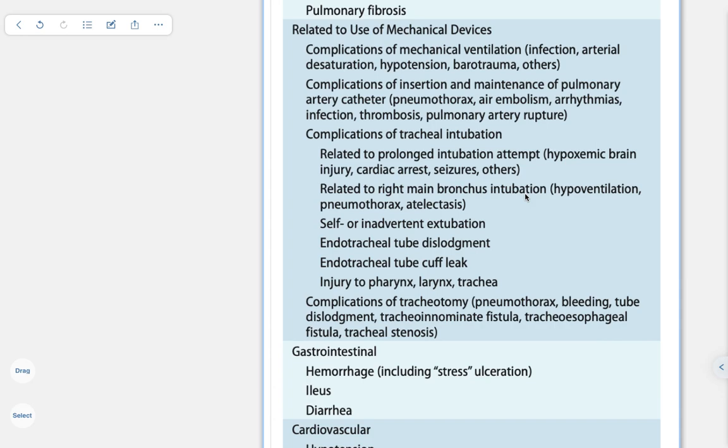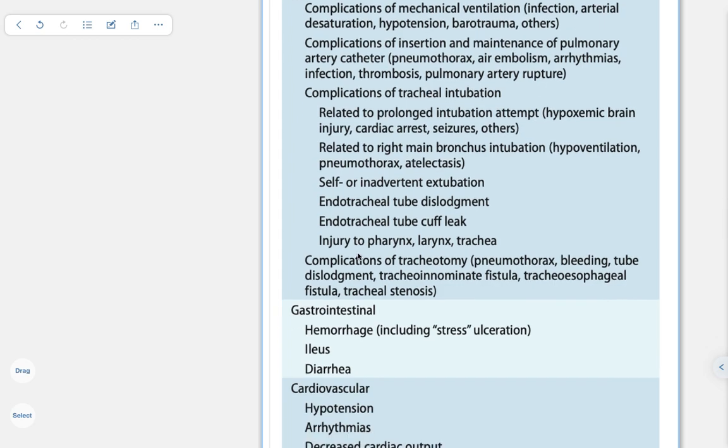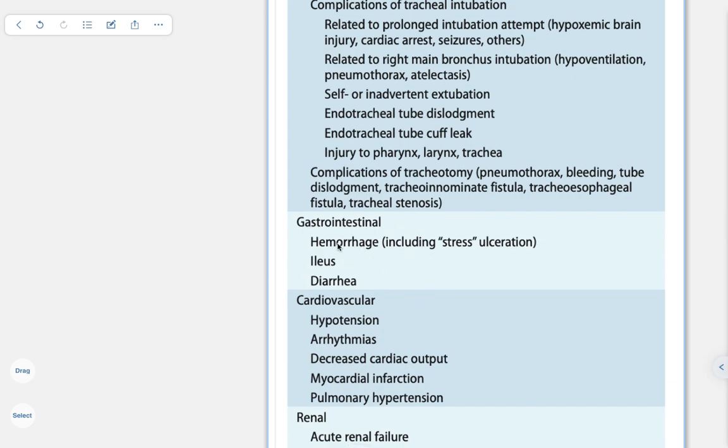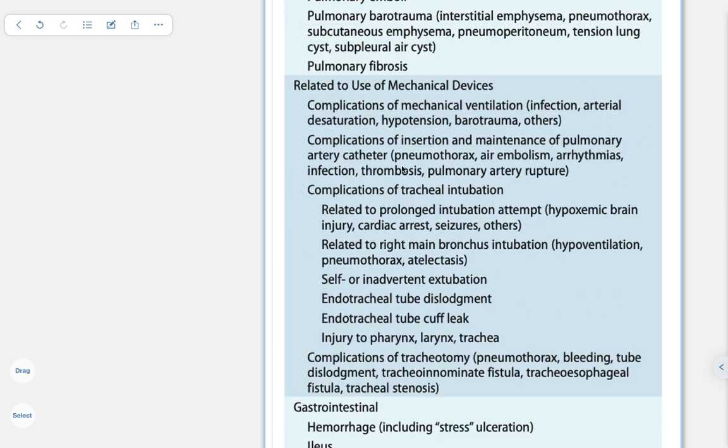This may lead to hypoventilation, pneumothorax, as well as atelectasis. Then there is self or inadvertent extubation, where the patient has extubated himself, endotracheal tube dislodgement, cuff leak, injury to pharynx, larynx, or trachea. Then problems could also occur in tracheotomy, like pneumothorax, bleeding, tube dislodgement. These were the mechanical device related problems.